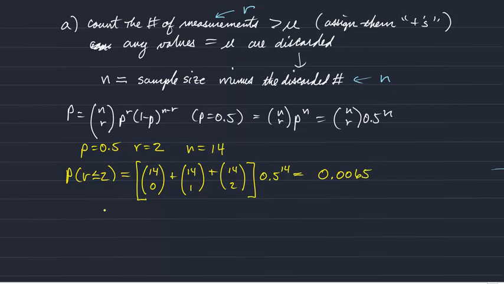And we therefore find that the probability of finding an R value equal to what we found or less is less than 0.01.